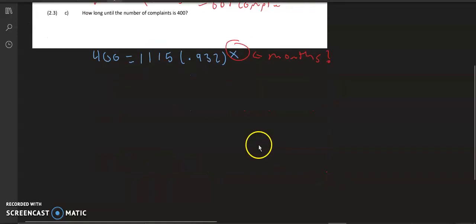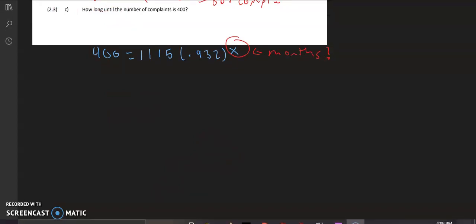So I'm going to scroll down, and the first step, let me rewrite this problem again, which is 400 is equal to 1115 to the 0.932 x.